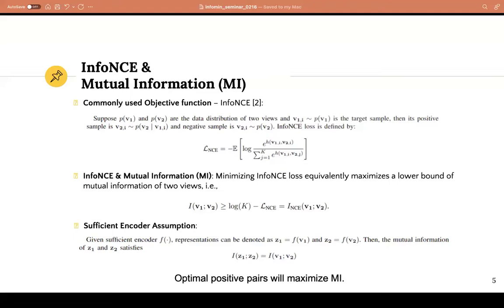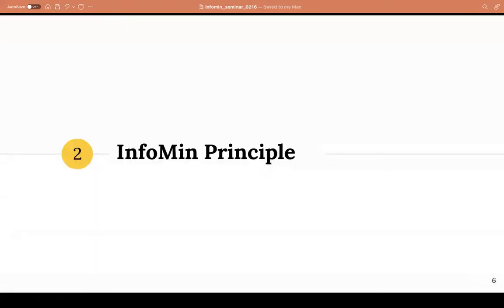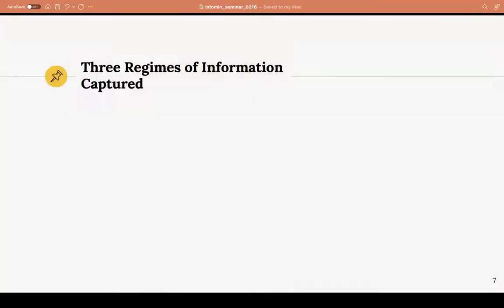So here we care about how to choose the views. The optimal positive pairs will maximize the mutual information. And here I will introduce the information principle.